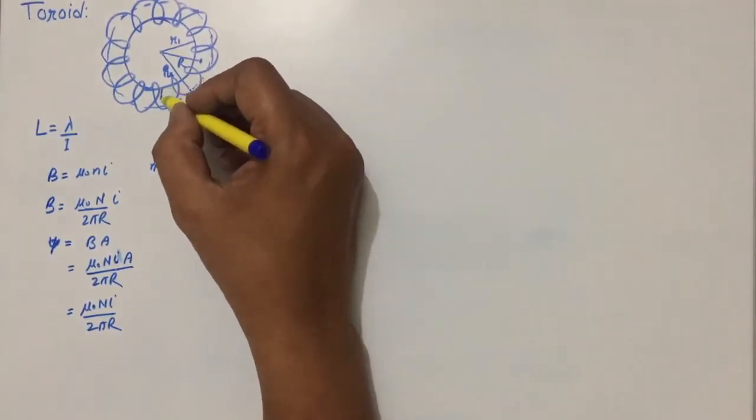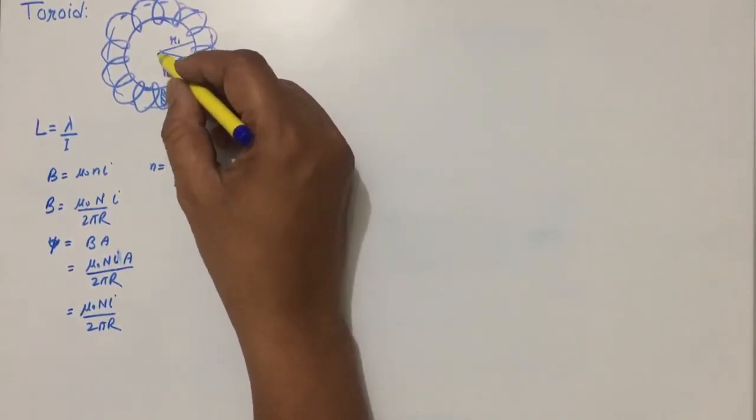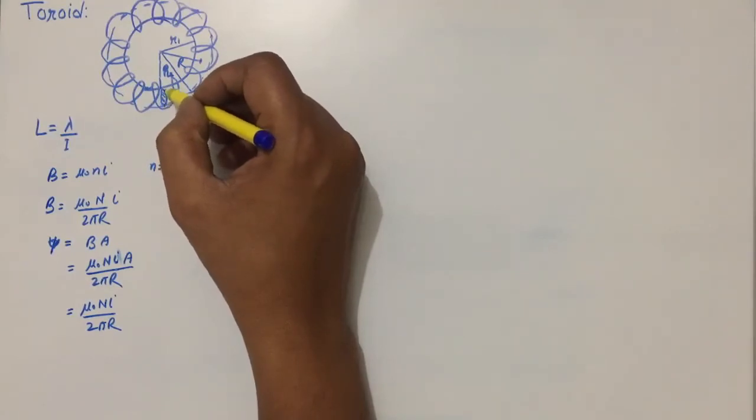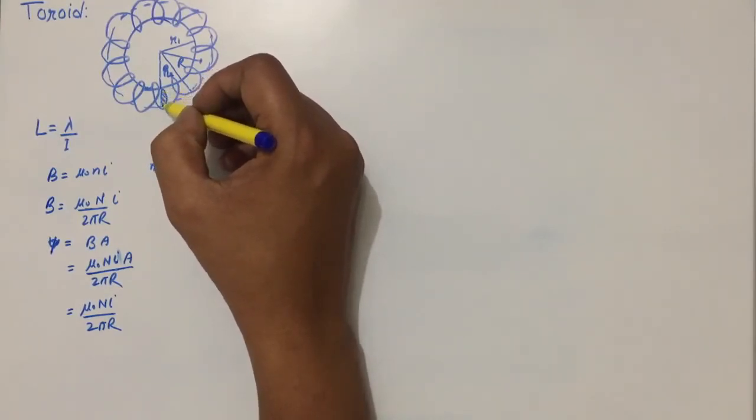What will be this cross sectional area? The outer radius minus the inner radius will be the diameter of this circular cross section, and if we know the diameter, then we can find the area.